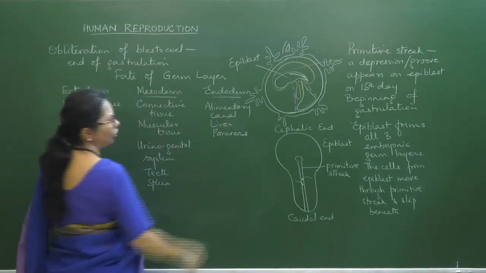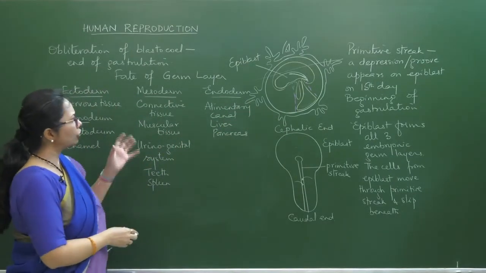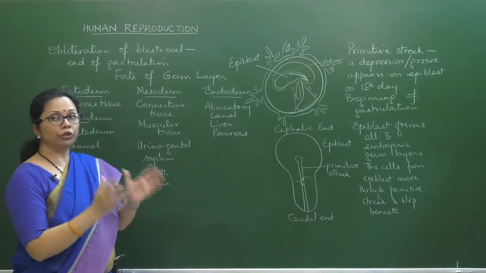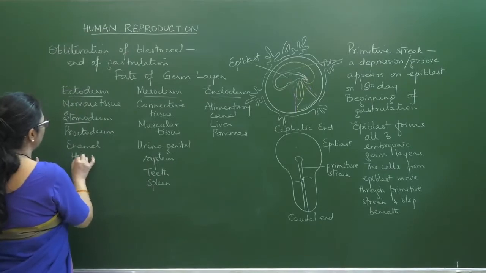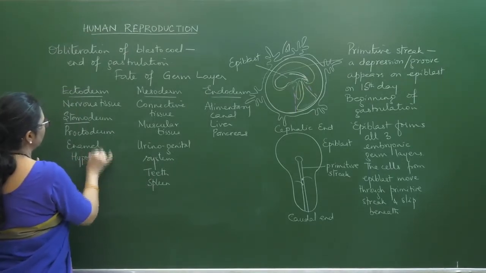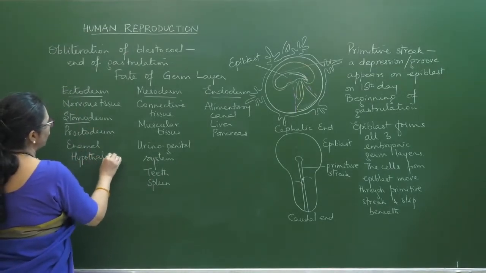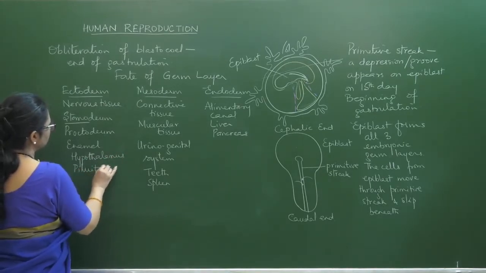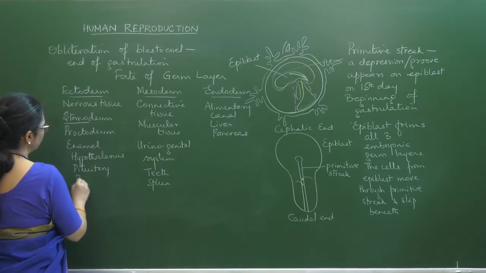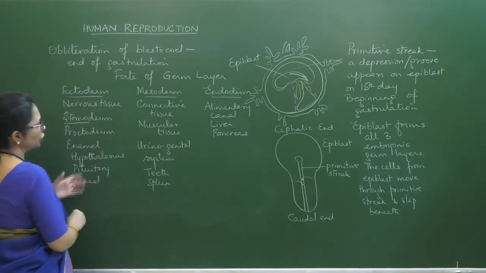I think in your package there must be a list, so you can go through the list. Like you see, we have done the endocrine glands. Hypothalamus, whichever is in the brain, is part of the nervous system. So hypothalamus, pituitary, pineal, these all.